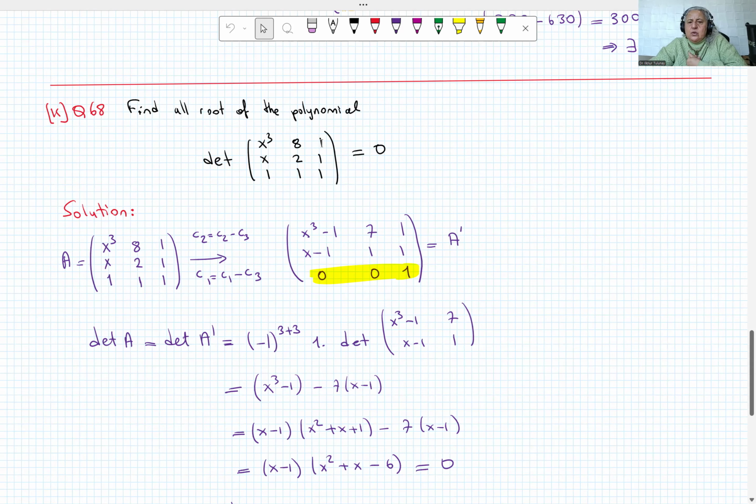Whatever the things that you would like to do, since we have 1 here, we can make this 1, 0, this 1, 0 by doing the column operations. And the similar things are valid for the column operations as well. Our idea is just to simplify this matrix so that we can calculate the determinant easily.